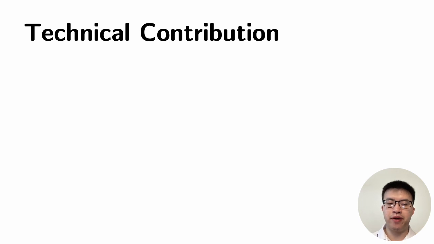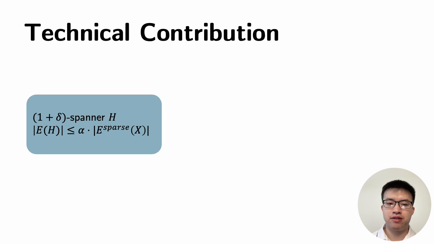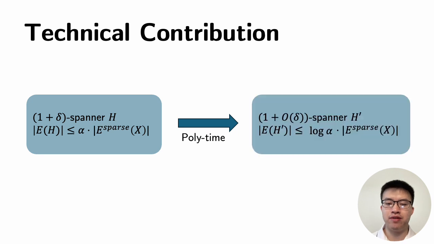The main tool we use in our algorithm is a pruning algorithm. So given a 1 plus delta spanner H of X, and the ratio between the number of edges in H and the optimal is less than alpha, then we have a polynomial time pruning algorithm that returns a spanner with a slightly increased stretch, and the number of edges is less than log alpha times the optimal one.